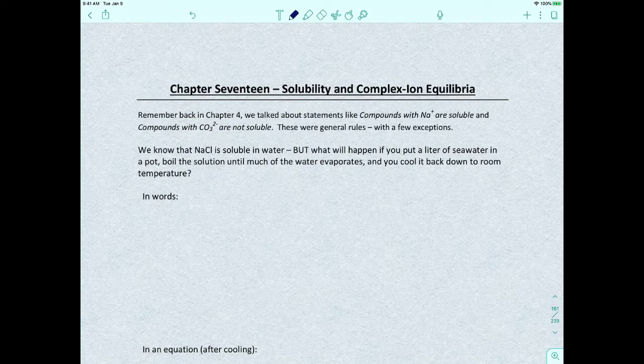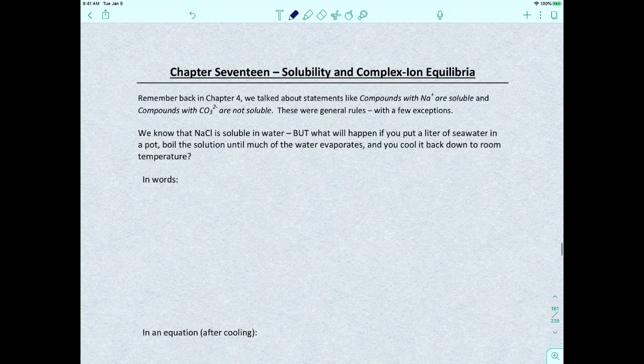All right. Now we know that sodium chloride is soluble in water, but what happens if you put a liter of salt water in a pot, boil it until much of the water evaporates, and then cool it back down to room temperature?